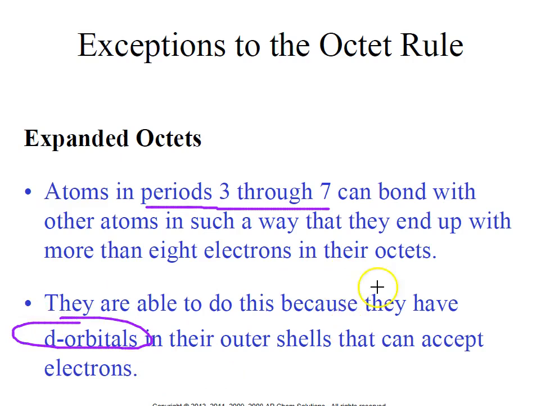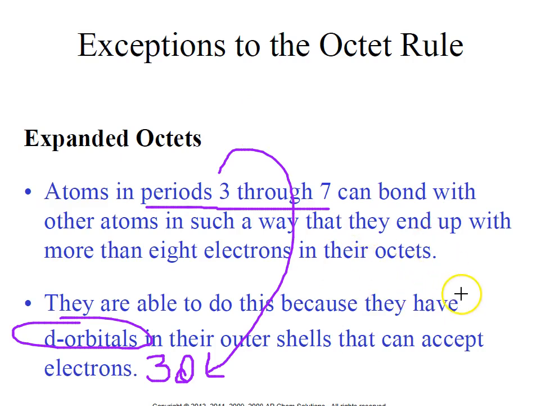So if we look at the electron configuration, it's 1s2, 2s2, so on and so forth. And after 4s, we have a 3d. So 3 is the first period that has the d orbital. And due to the fact that it has that d orbital, it can put extra electrons in there, and those extra electrons cause it to have an expanded octet.